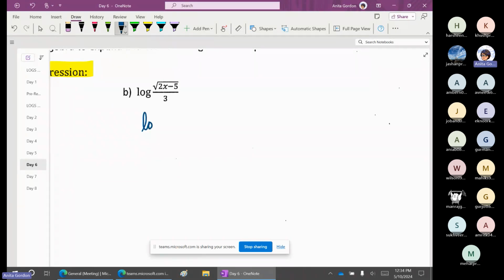Log of 2x minus 5 minus log 3. I'm missing something. Where's the 1/2? I could do it here or as a coefficient.